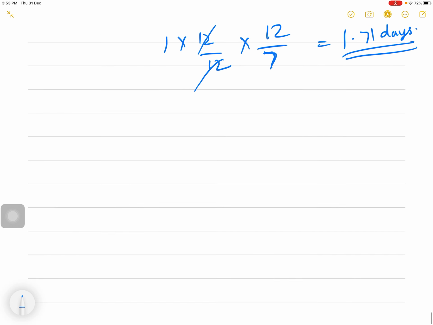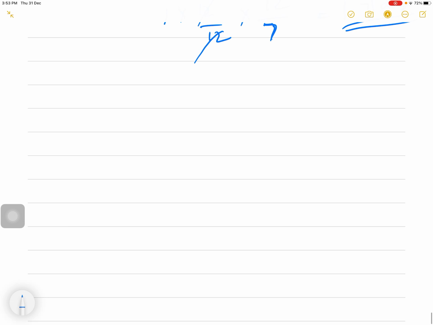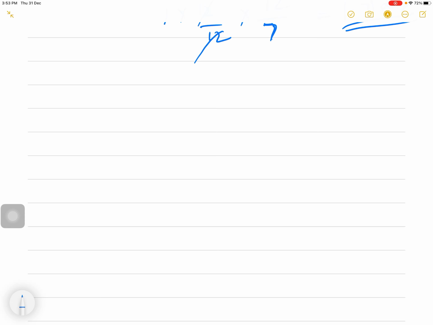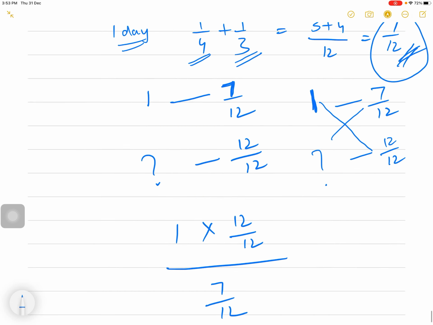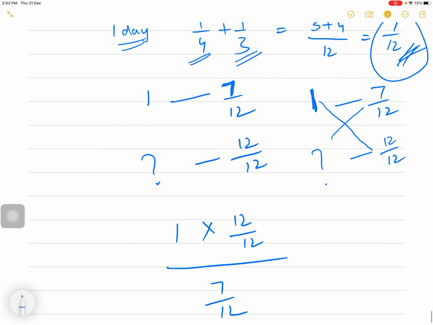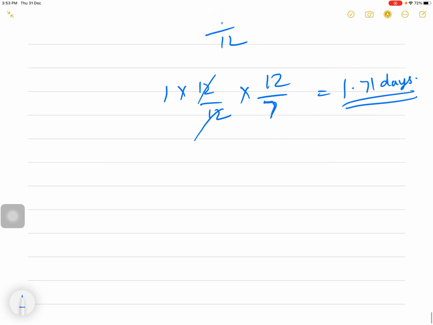So how you will write in the exam? I'll write like this.